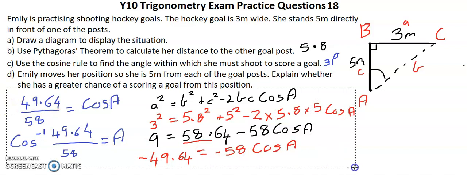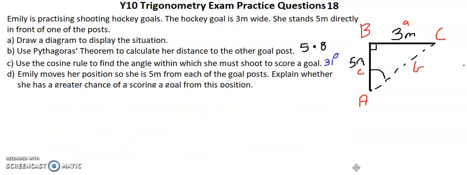So let's look at the next question now. The next question, D, states Emily moves her position so she is 5 meters from each of the goalposts. So that means if I got my goals here, this is my 3 meters, she's now moved so she is directly in the center.